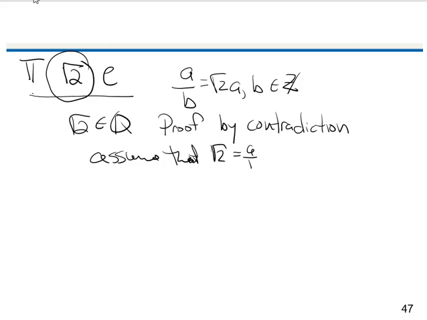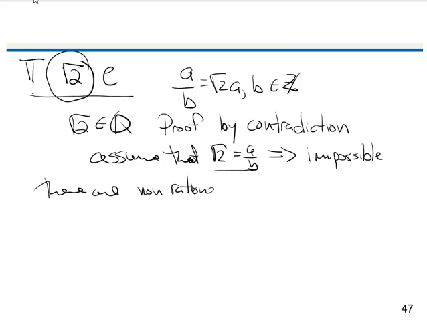Assume that it equals some A over B, where both A and B come from Z, and you make a few steps based on that assumption, and you get to something which is impossible. And so you have to say that your original assumption must have been wrong. So that's how it's done. But anyway, we're not going to do that. The point is that there are non-rational numbers.